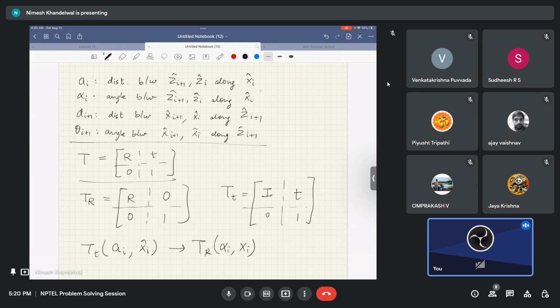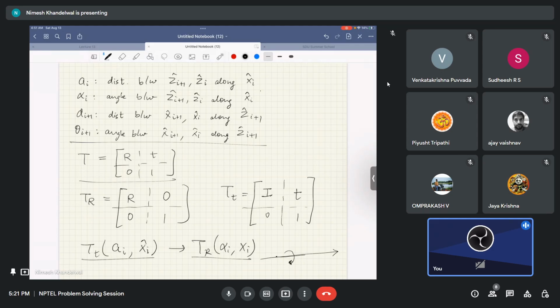Do you know what these are called? The transformations in which you translate and rotate along the same axis. For any given arbitrary axis, you are translating and rotating along the same axis.